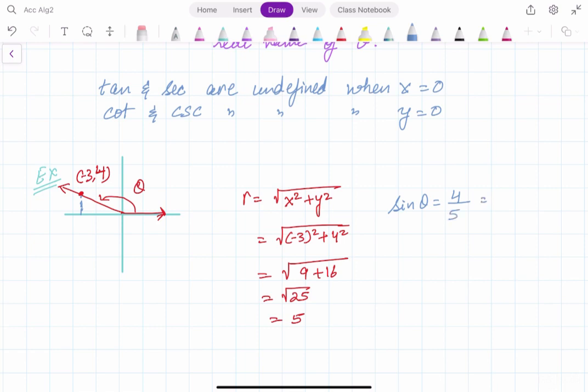So sine theta will be equal to 4/5, because that is opposite over hypotenuse. R is nothing but the radius on the unit circle. The same way we can write for cos and tangent as well.